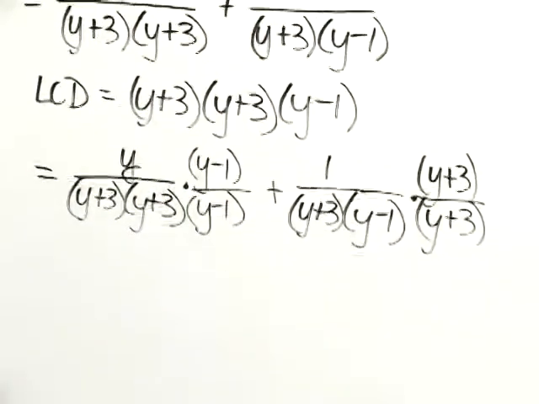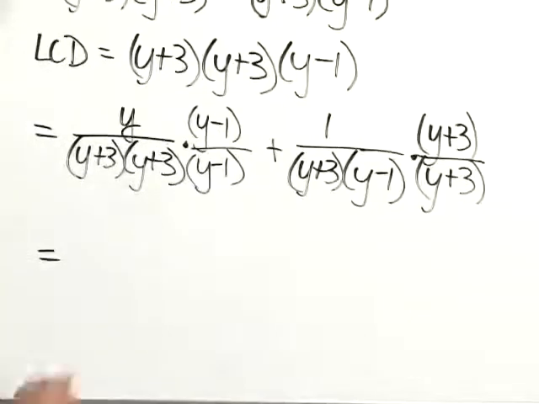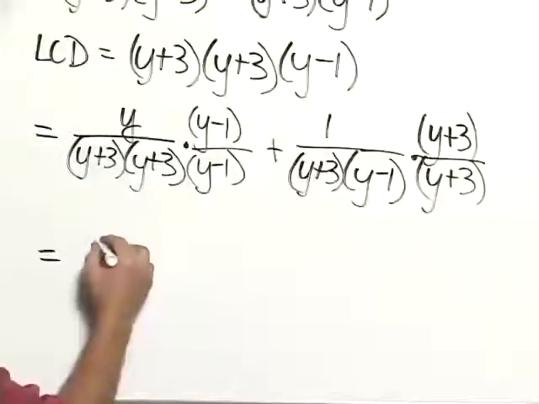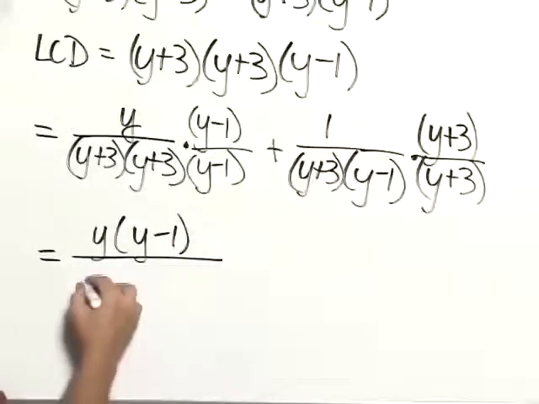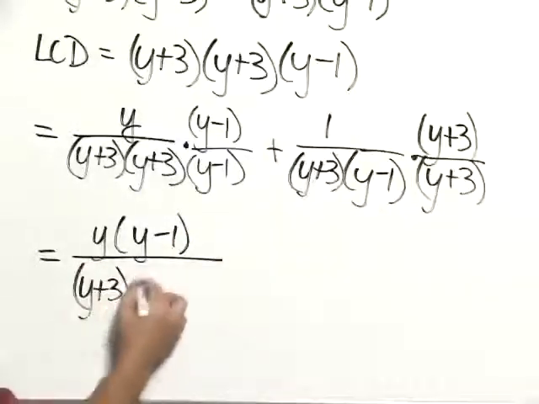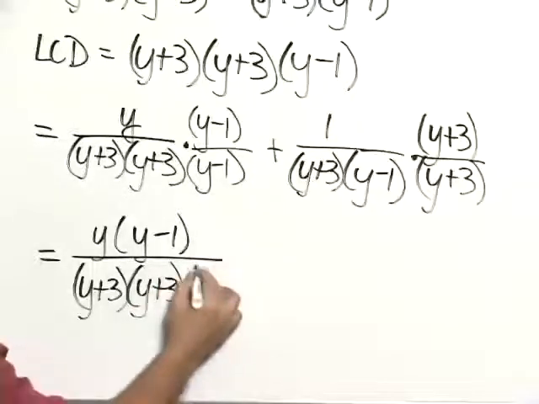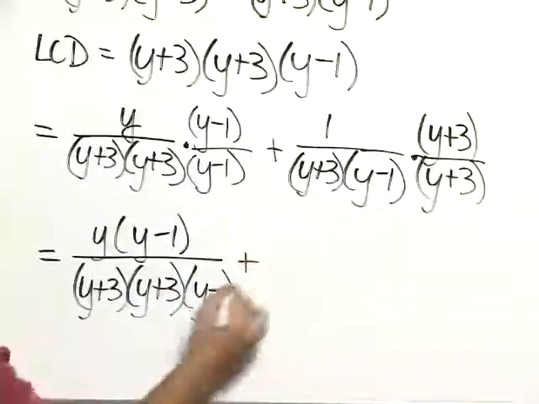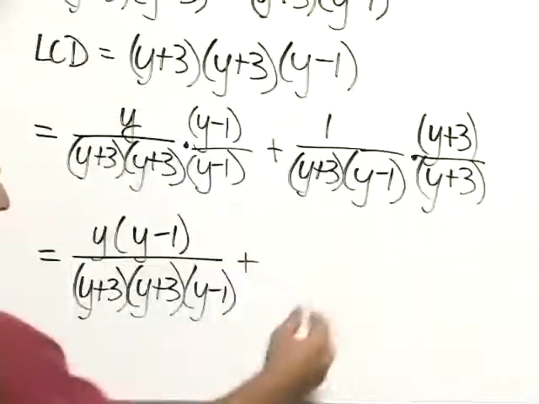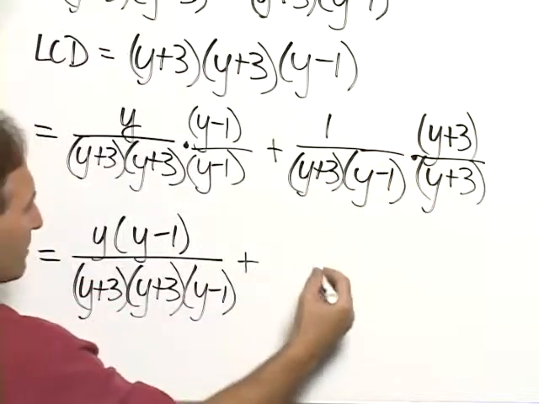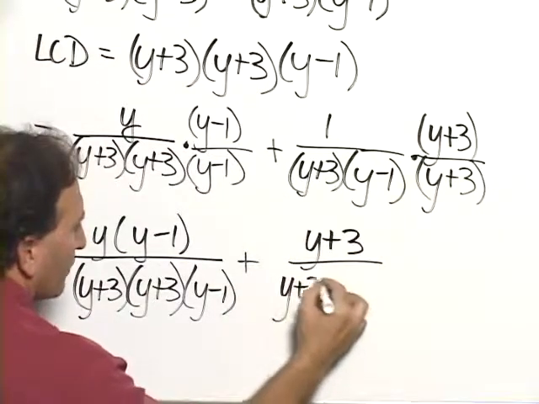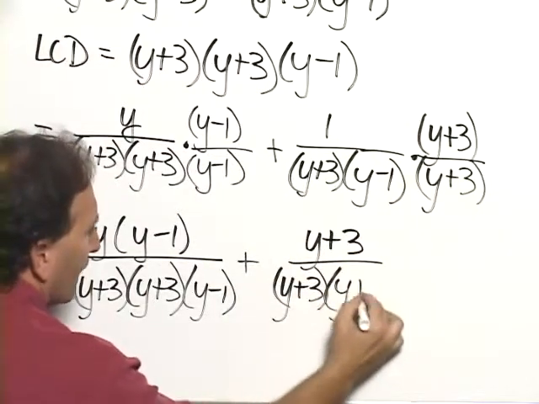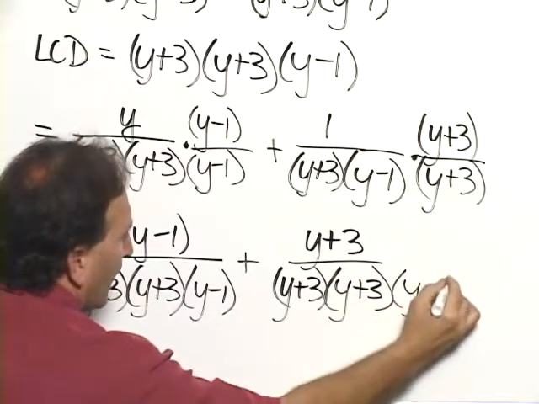So now, actually carrying out the multiplication of the numerators, we would have y times y minus 1 all over y plus 3 times y plus 3 times y minus 1, plus 1 times the y plus 3 is just y plus 3. And that's over y plus 3 times y plus 3 times y minus 1.